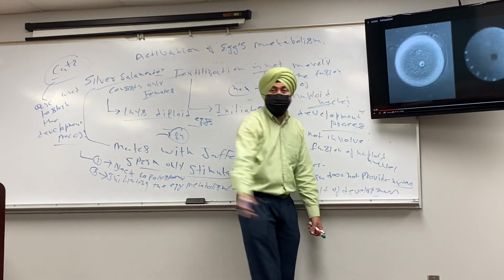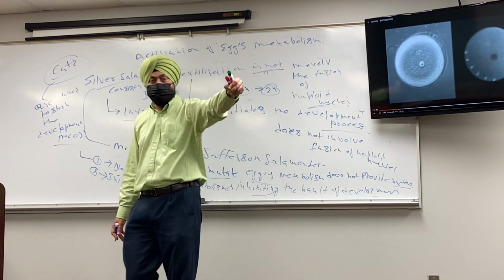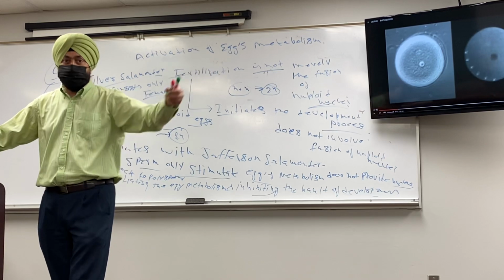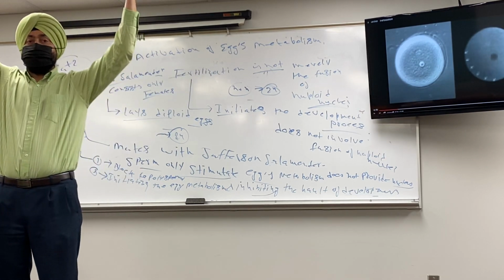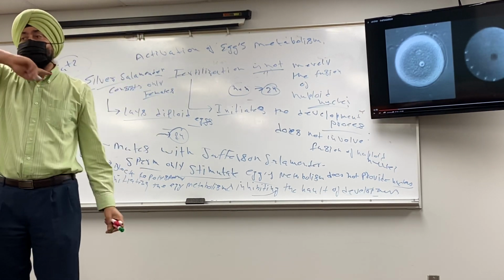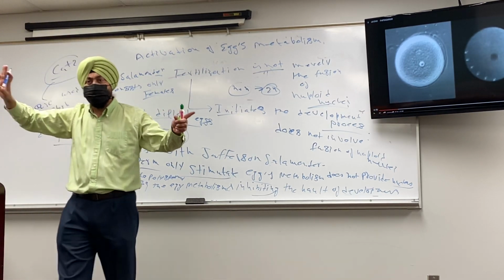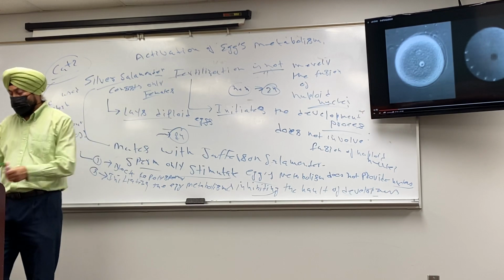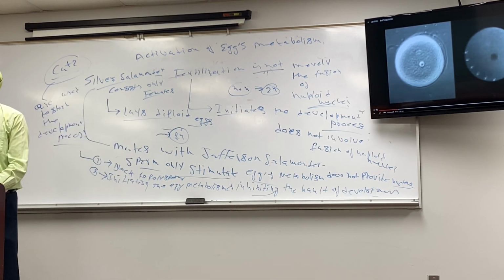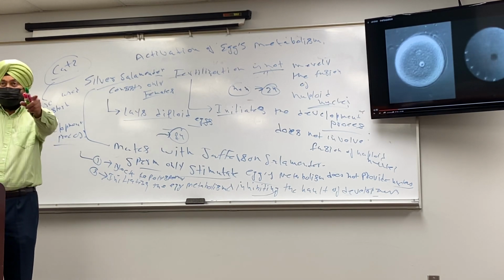So whatever halt was there which was blocking the development, they are inhibiting that halt. They are activating the egg metabolism and saying, hey, now you start the development of the new organism. Is that making sense so far? Right? Yes or no? You guys are okay here, right?